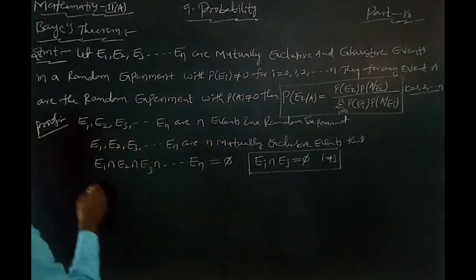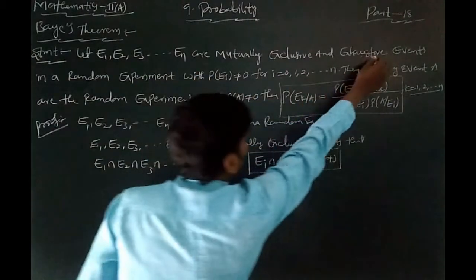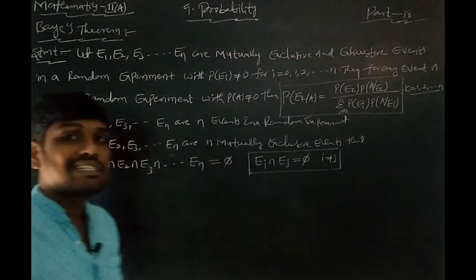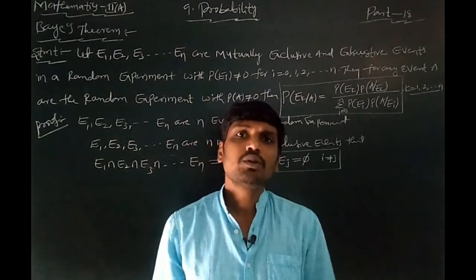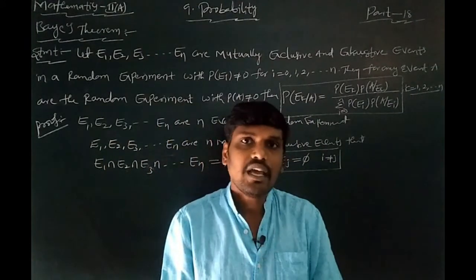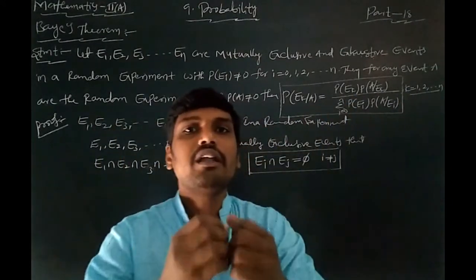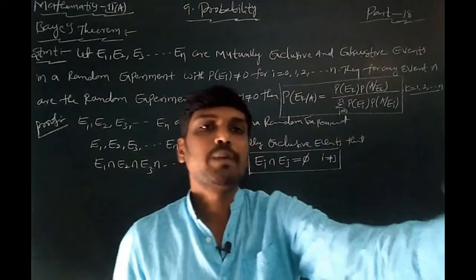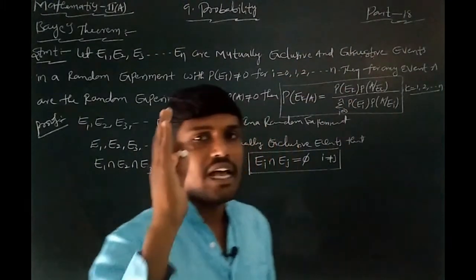The second condition is exhaustive events. What is the meaning of exhaustive? In the total sample space, there are n events, and the combination of all events is equal to the sample space. That is called exhaustive events.